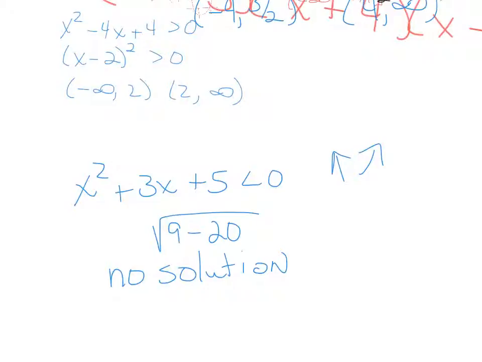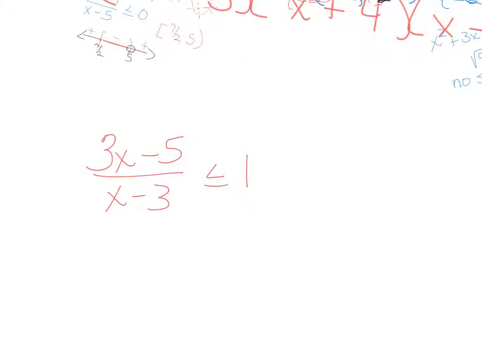Let's look at a rational function. Do it the same way. Look at this one. We're going to have to subtract that 1 before we start because we want to compare it to 0. So do we always want to compare it to 0 every time? Yes, yes. Okay. Now, when we have fractions, we have to get a common denominator.